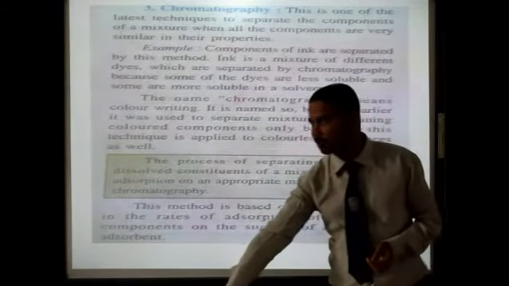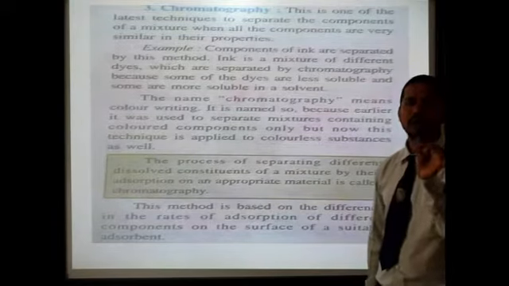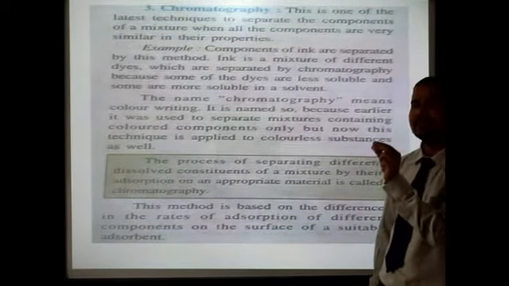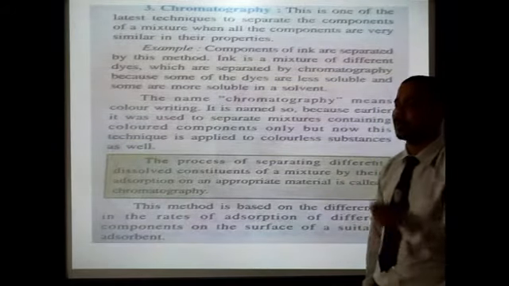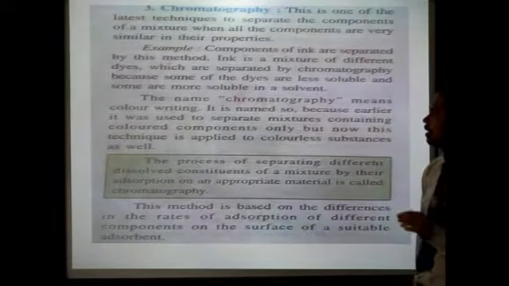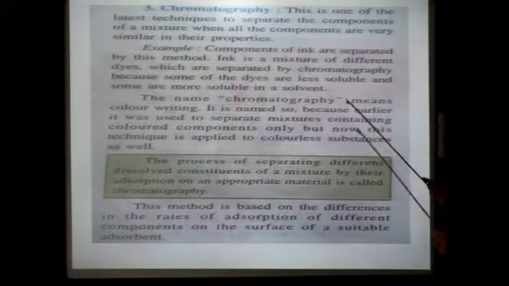This works on the principle that all the components in a particular mixture do not get soluble in the same solvent.